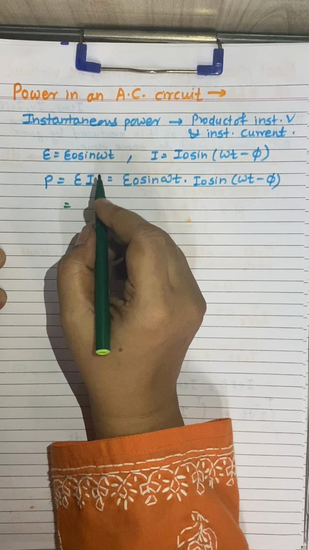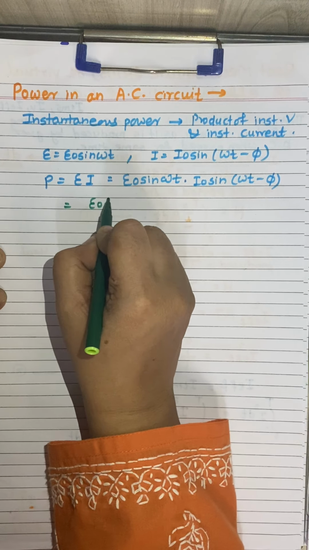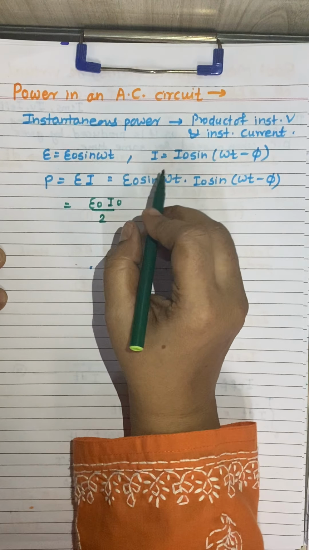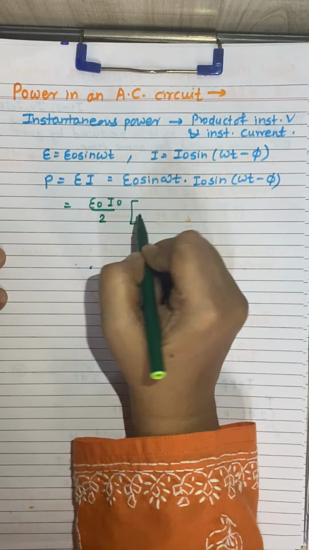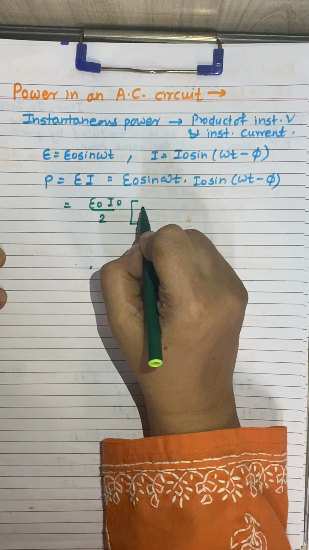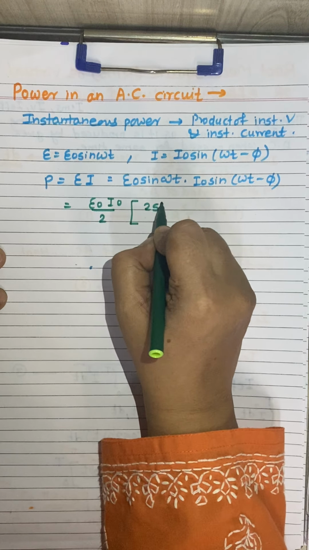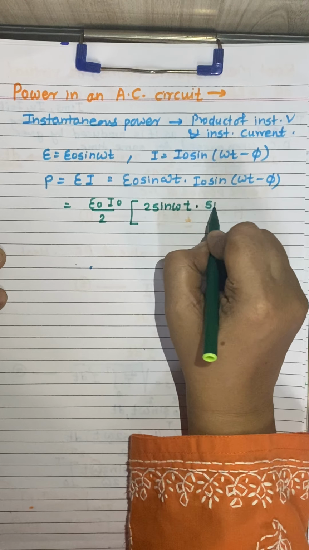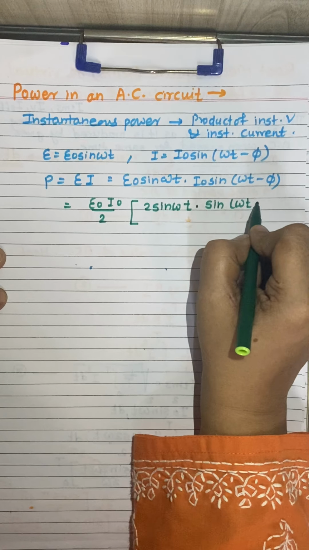It is considered as E naught I naught by 2, and inside the bracket, 2 sine omega t into sine omega t minus phi.